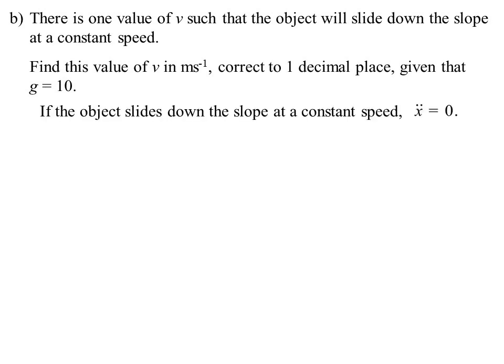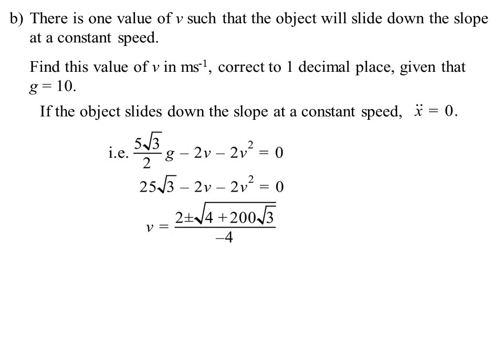Well, if it's sliding at a constant speed, the acceleration must be 0. Therefore, the resultant force is 0. So essentially, we're just solving this equation. It's a quadratic. Quadratics usually produce 2 solutions, and they're telling us there's only one. Why is that? Because v's got to be positive.